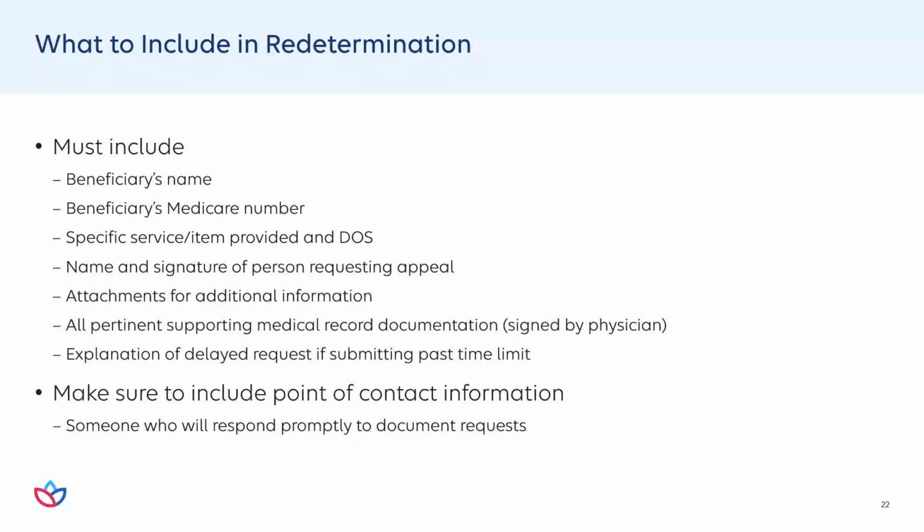This way it can be reviewed and we can go ahead and process your appeal request. So that's a really nice courtesy that they do. So when you do submit your appeal, make sure you include a point of contact that's going to be able to respond to these requests from our appeals department.